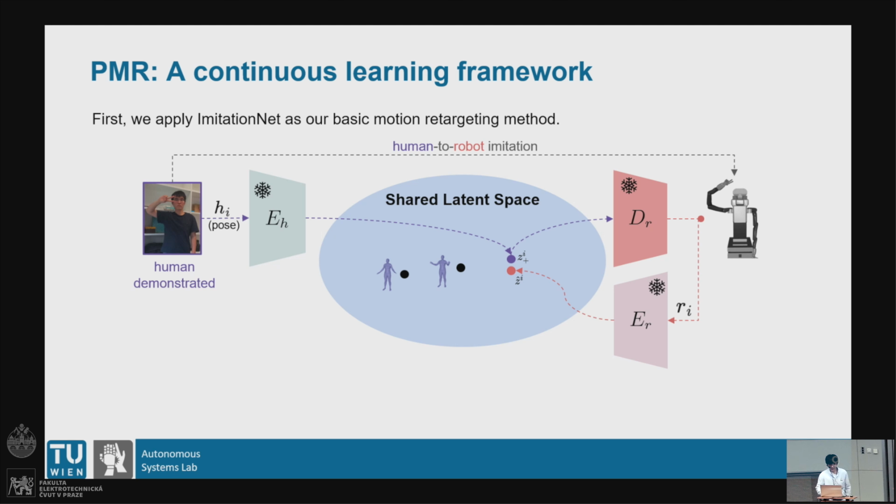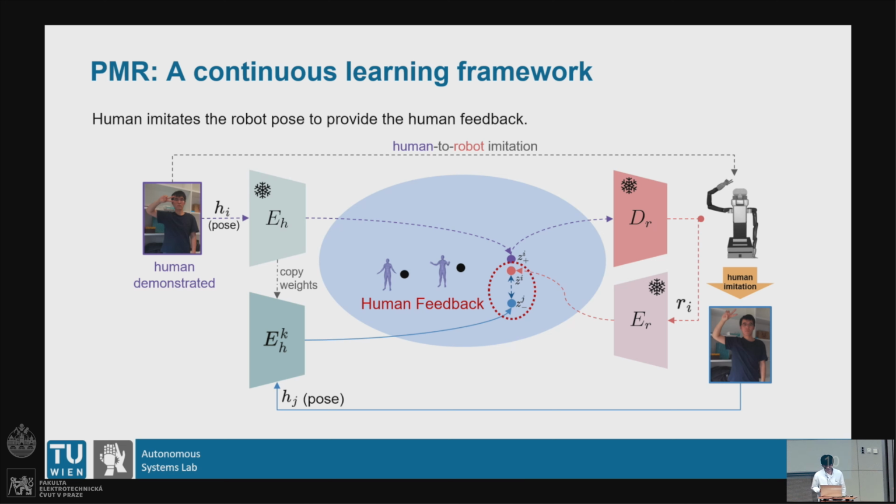But you see, it does not satisfy the user's expectation. Then the user can imitate the robot, and this is encoded back through the human encoder to the latent space. And from the human feedback, we can see there's a discrepancy between the human's expectation and the rotation-based similarity metric.